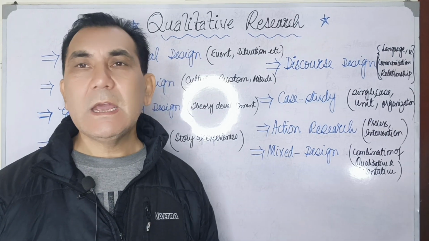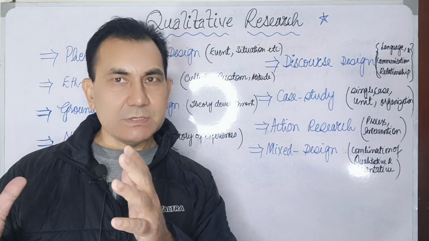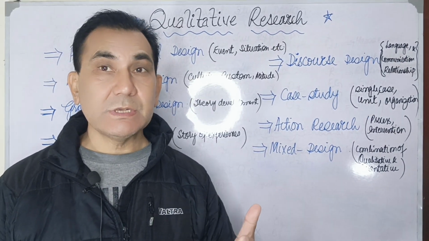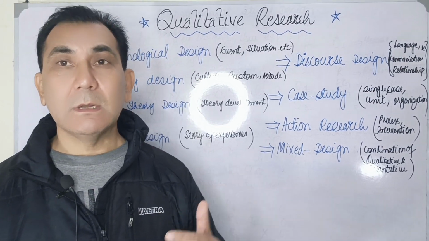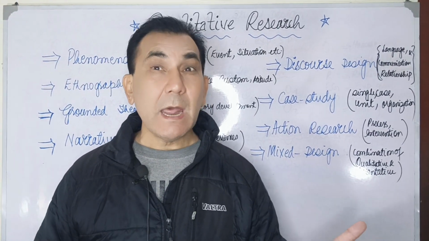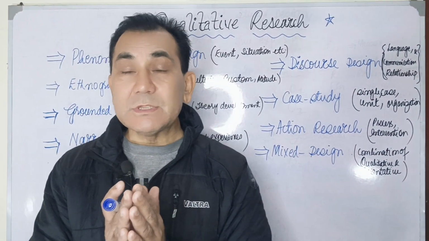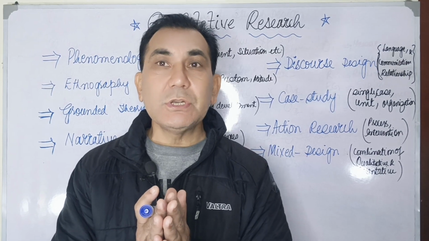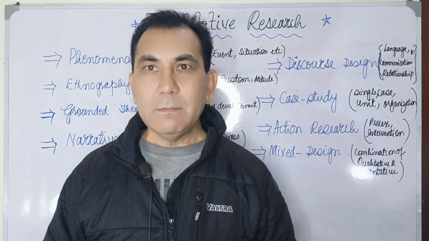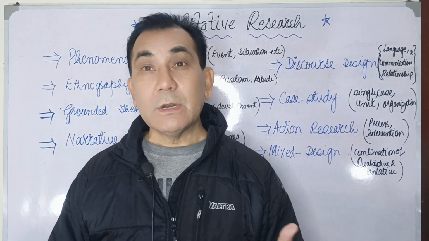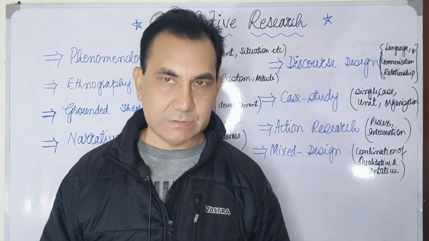This design is used by the researcher to understand languages and communication skills, maybe verbal language or non-verbal language, which is called sign language. Through the use of languages, the researcher would like to understand the relationships of the people, by the different types of language use, the communication skills, the written or verbal communication, or the types of sign languages.